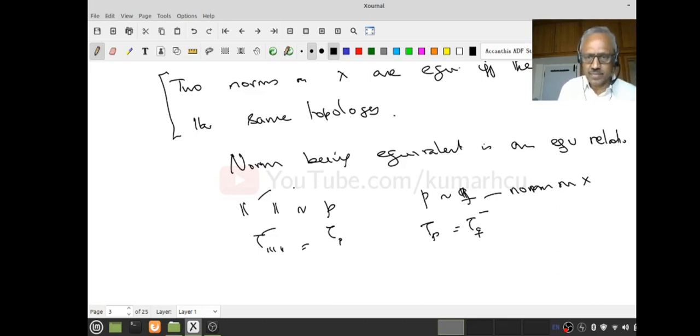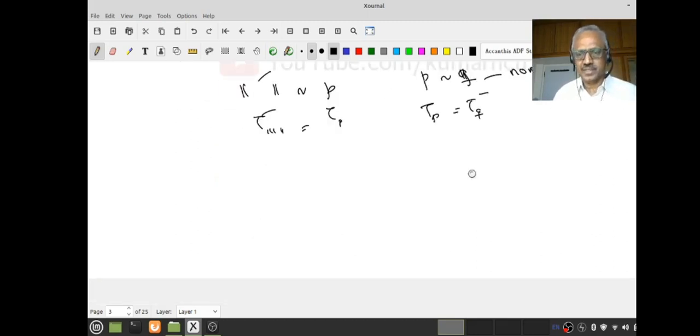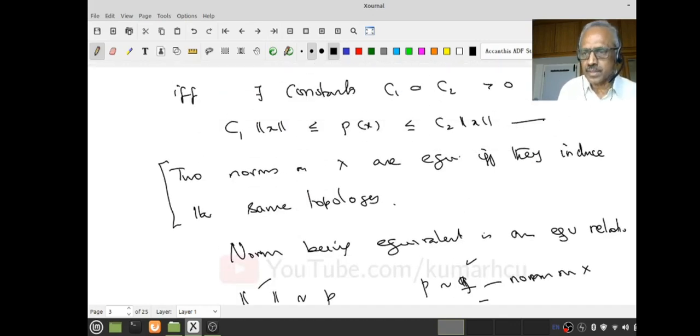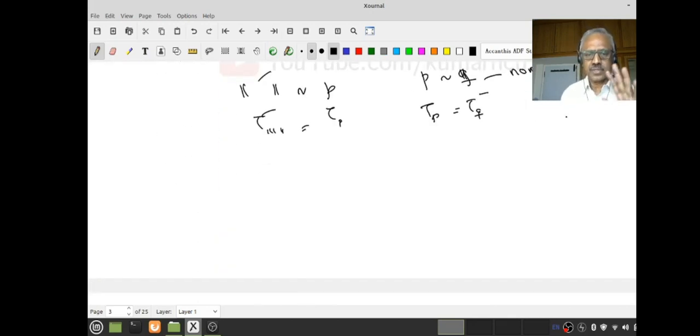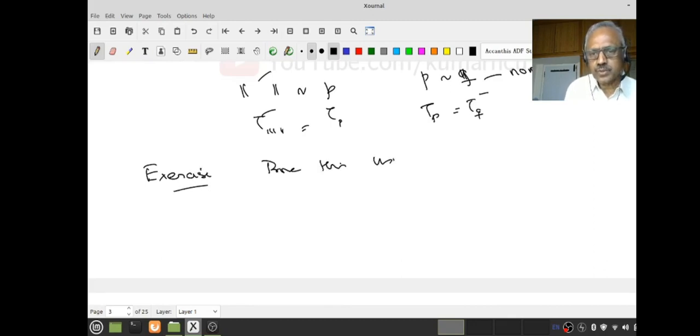That means this norm and this norm are equivalent. This is a very quick way of looking at it. Also, you can use the inequality, which will also give rise to a proof. If you want, take it as an exercise. Prove this using the chain of inequalities.